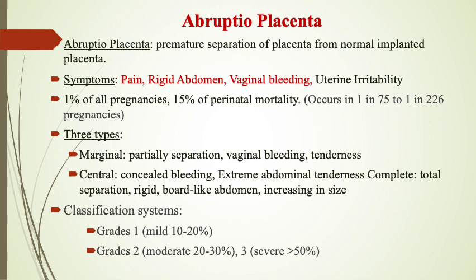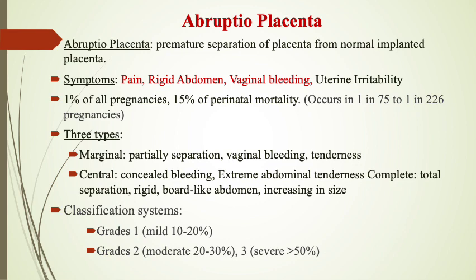There are 3 types of abruptio placenta. We have marginal. With marginal placental abruption, there is a partial separation. You may have vaginal bleeding or not. There will also be tenderness. We have the central or complete placental abruption. With this, there is concealed bleeding and extreme abdominal tenderness, with total separation of the placenta.